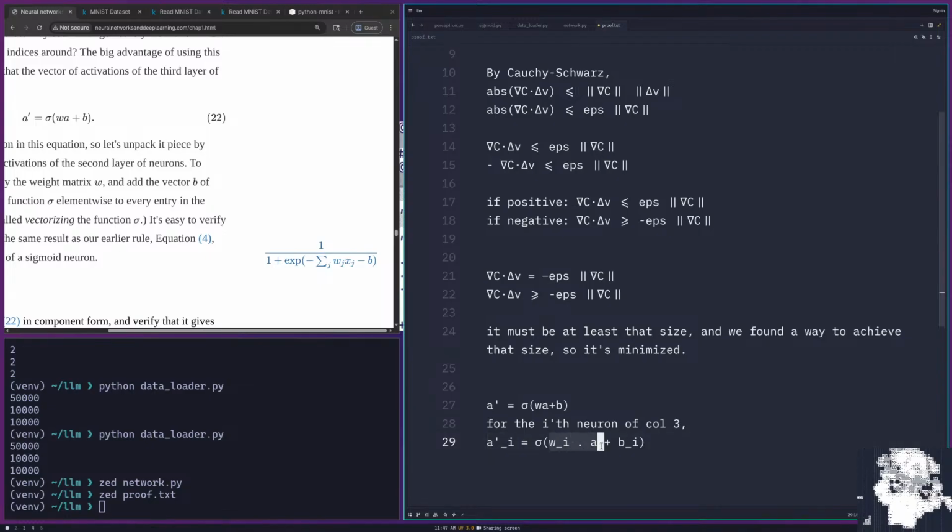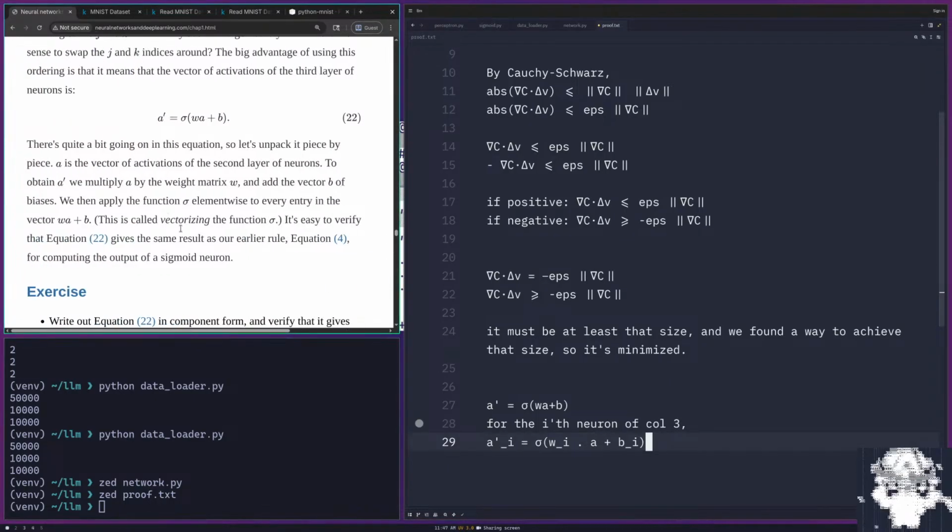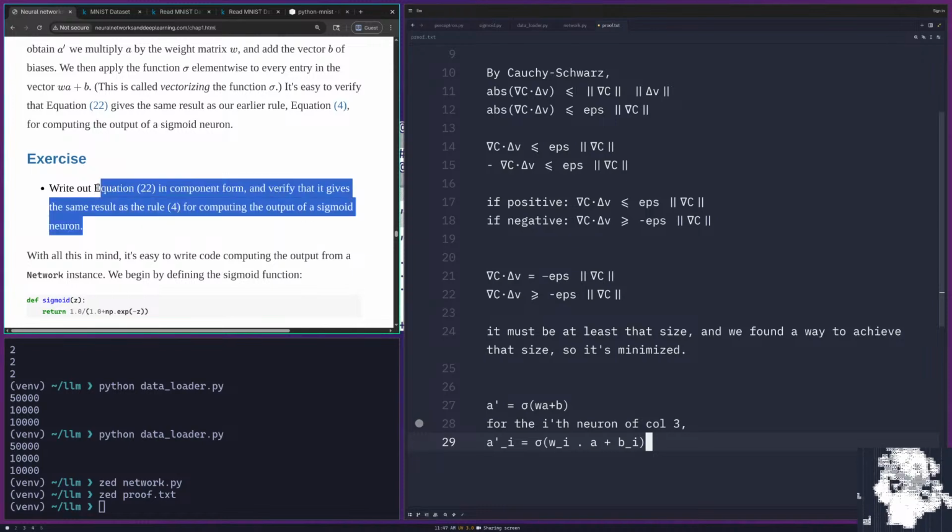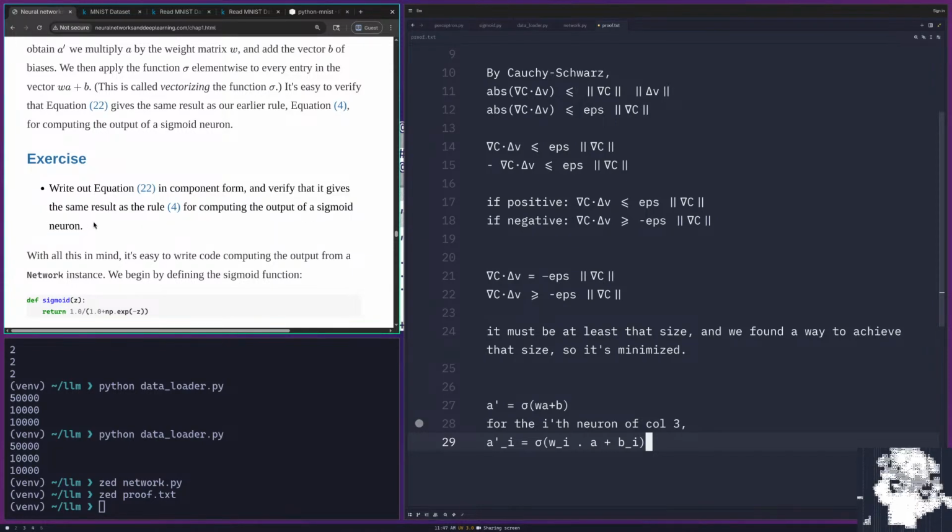So this dot product is this sum, and then when you add b and take sigmoid of it, you get that. All right, I'm not sure that I did exactly what it wanted me to do, but I'm convinced that it's true.